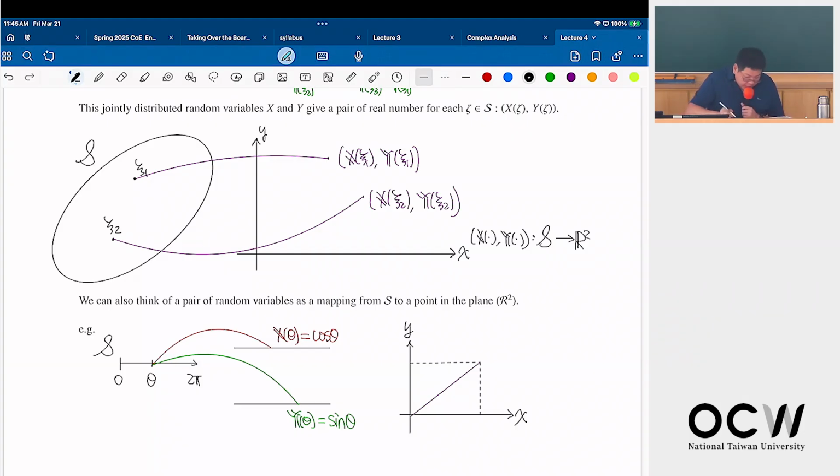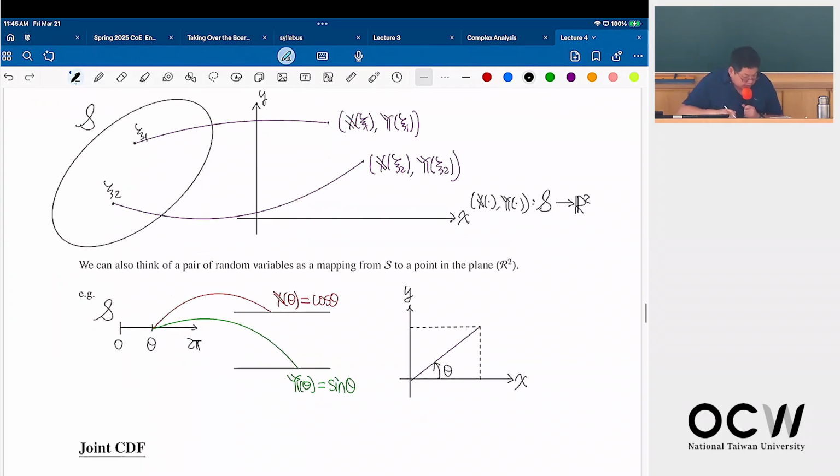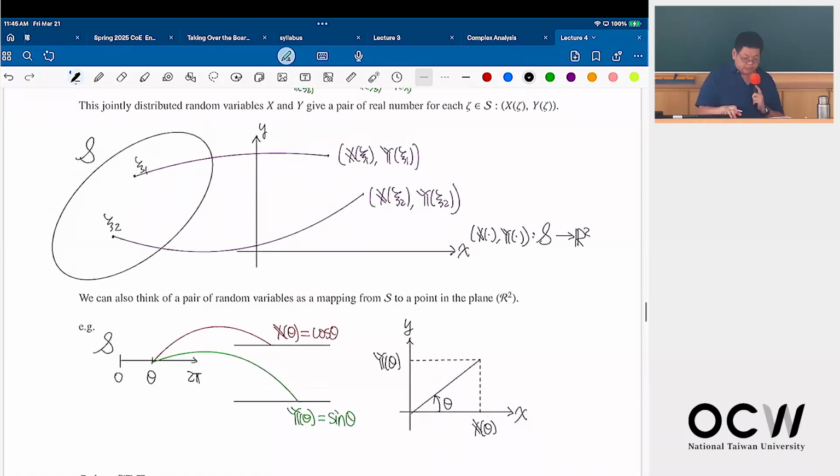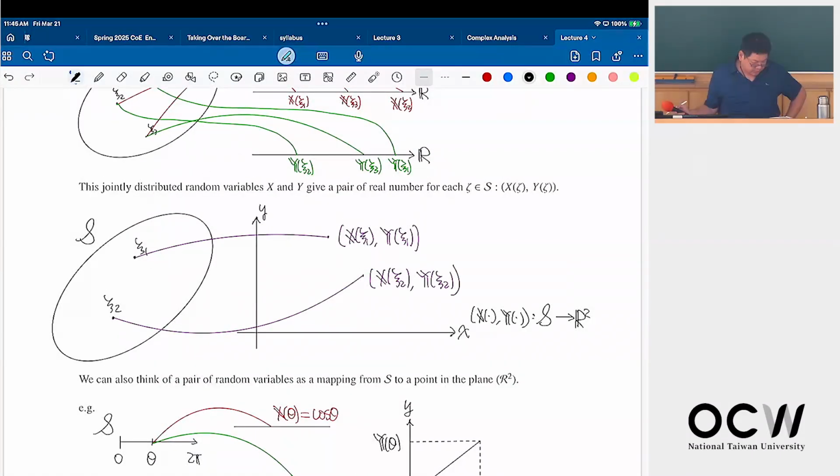We have theta, and this is x of theta. Here's y of theta.